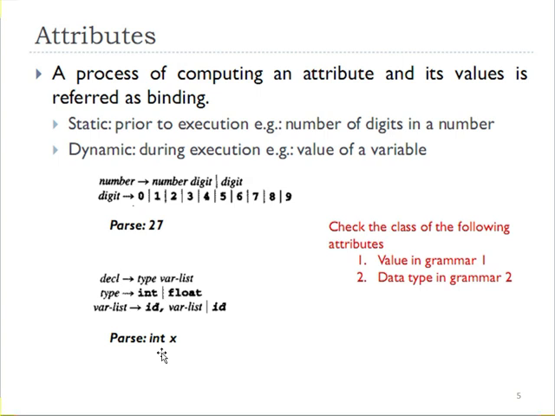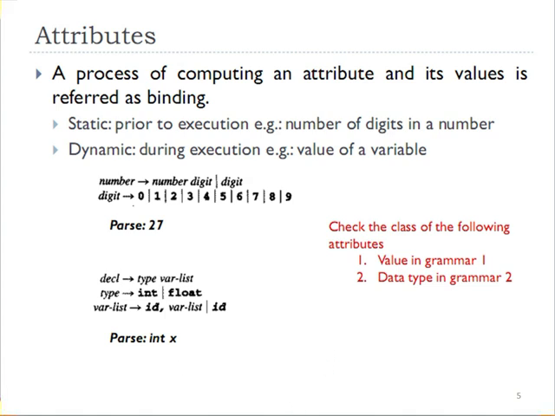If you are able to derive this string int x, then, in other words, we can say this declaration statement is correct. If you are unable to derive this string, then there is an error in writing this declaration statement. The derivation of this string can be performed by simply using the production rules of the CFG grammar.